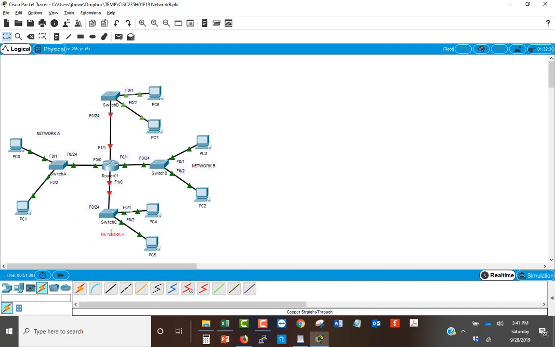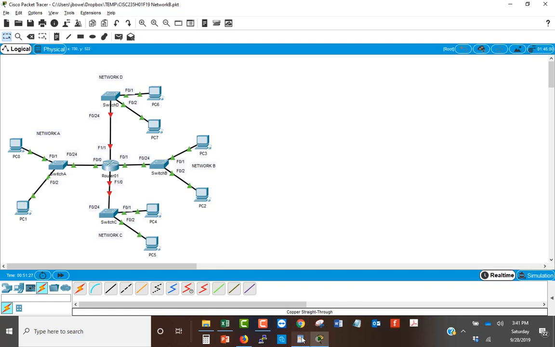Then we've got network C down below here, and finally network D up above. 4 networks, or 4 subnetworks, each with its own network ID.